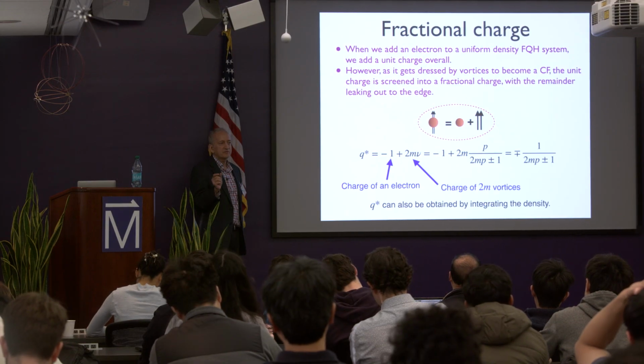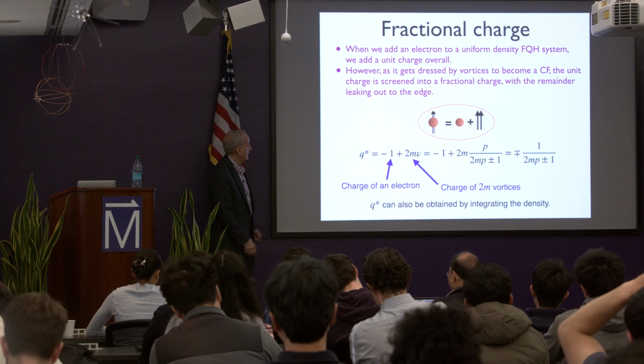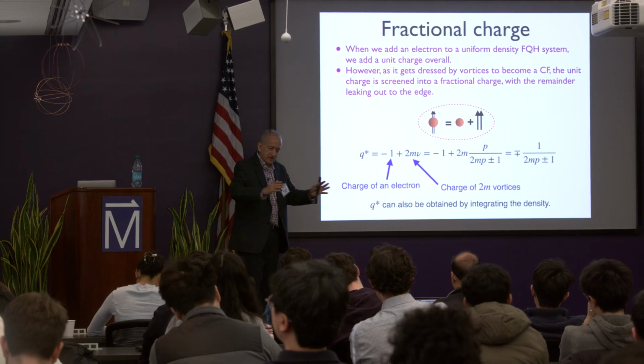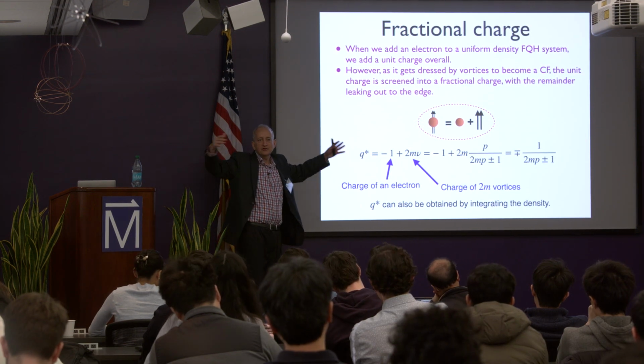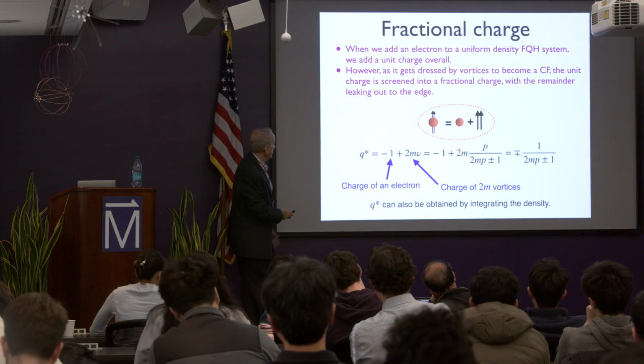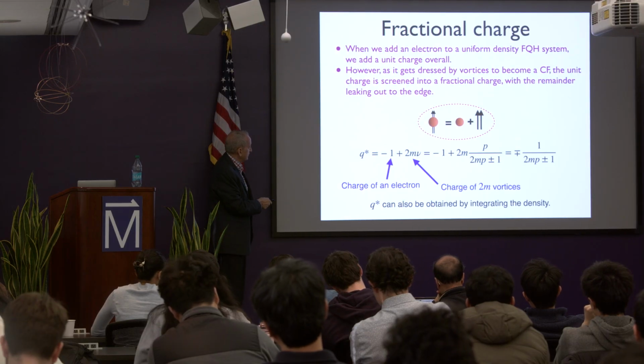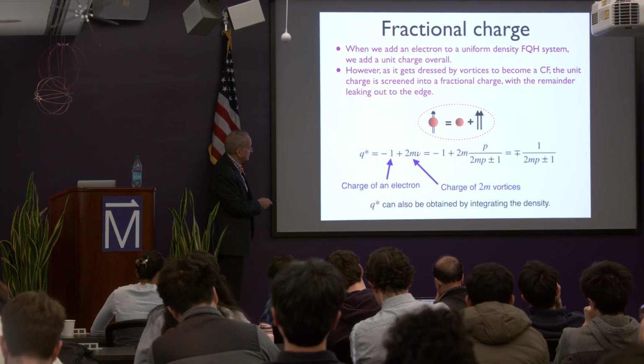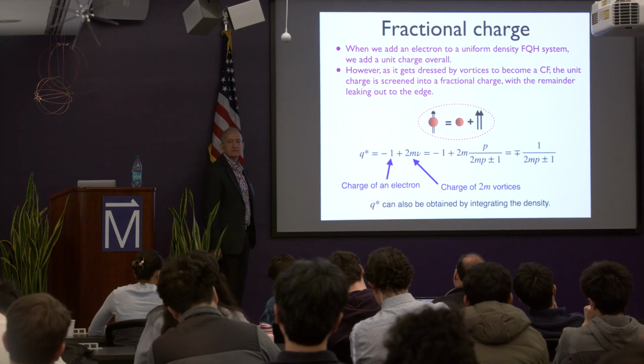So you basically empty one orbital. This charge moves to the edge, it goes to the boundary. And then you add an electron which has charge -1. So the net charge here comes out to be this factor.